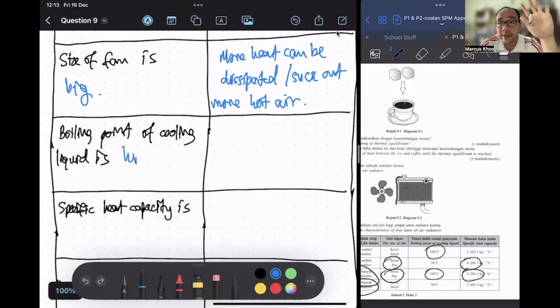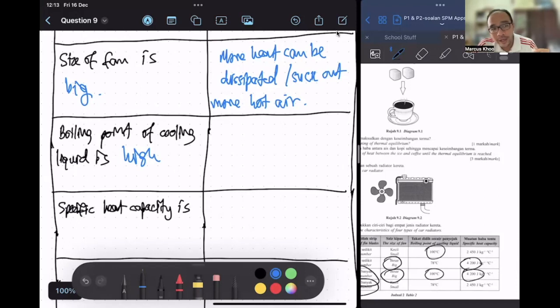I don't want 100 degrees Celsius. It should be either higher or lower. This is a technicality lah, which you need to pay attention to. If you write 100 degrees Celsius, there is a very high chance that your answer will be wrong. Even if you're on the right track, you will not get the mark for it. Why? It's a technical thing. I can't really explain why.